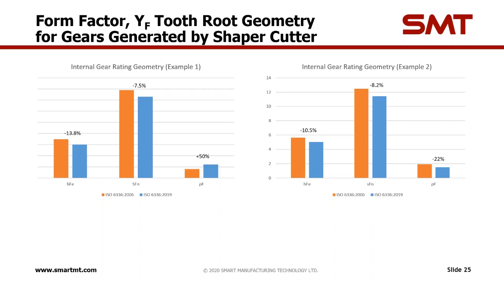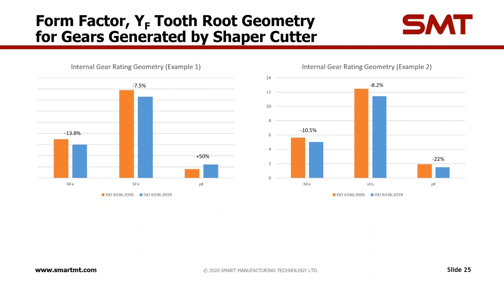For the first example, bending moment arm decrease, this is actually a positive effect for our bending safety factor, and our tooth root chord actually decreased, which is a negative factor, and the root fillet radius increased by 50%.